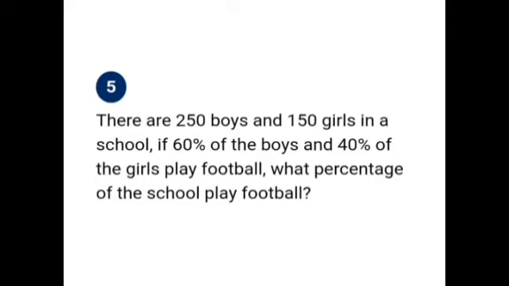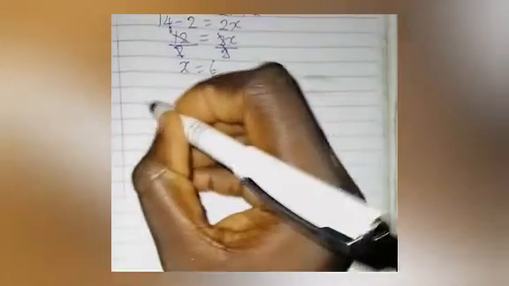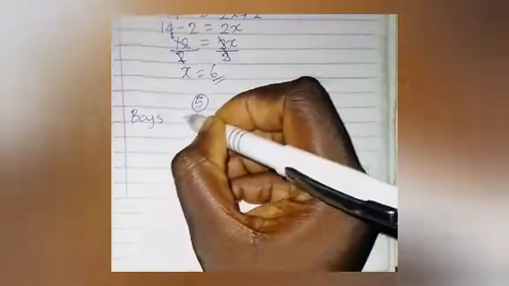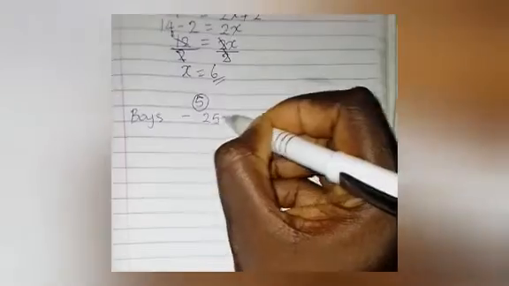Number 5. There are 250 boys and 150 girls in a school. If 60% of the boys and 40% of the girls play football, what percentage of the school play football? Boys is 250.